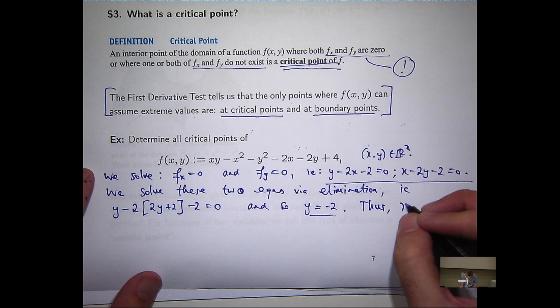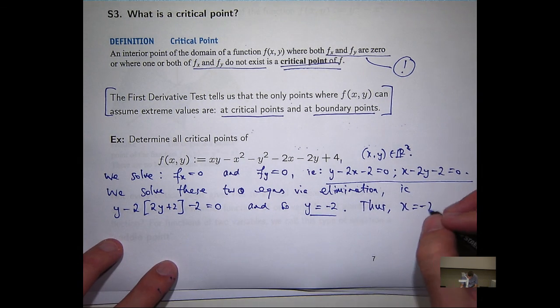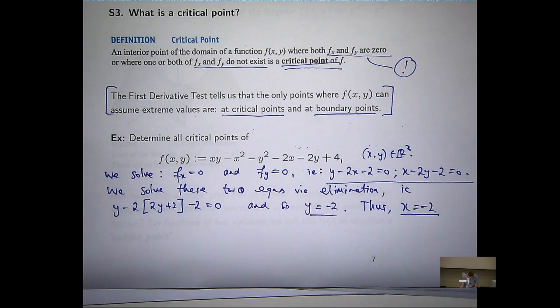And according to my calcs, I get minus 2. So our critical point occurs when x equals -2 and y equals -2.